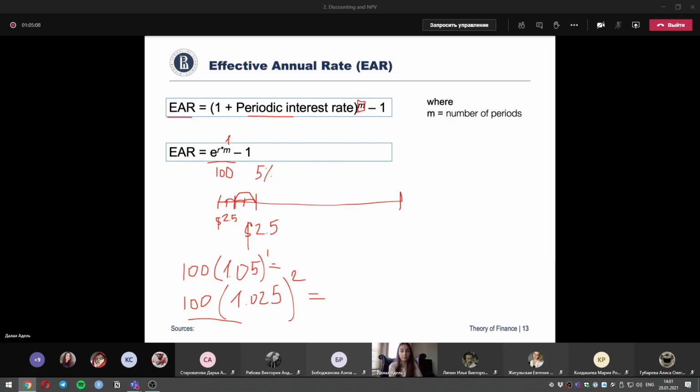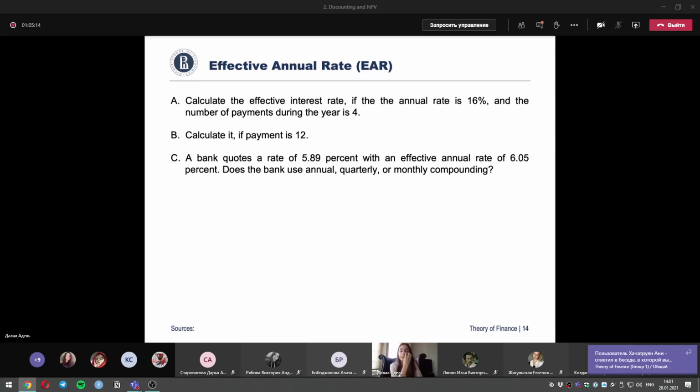So let's then consider how we can calculate these effective annual rates. Calculate an effective annual rate if the stated annual rate is 16% and the number of payments during the year is 4. And also calculate if the stated rate is the same, 16%, but the number of payments is 12.